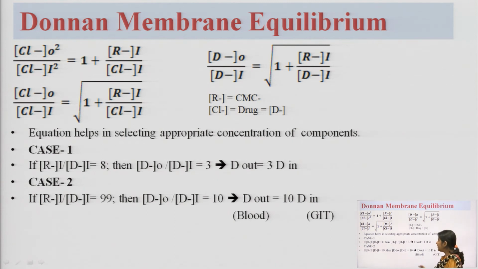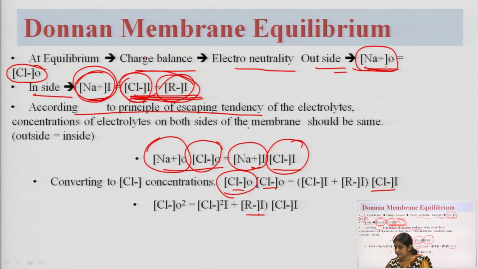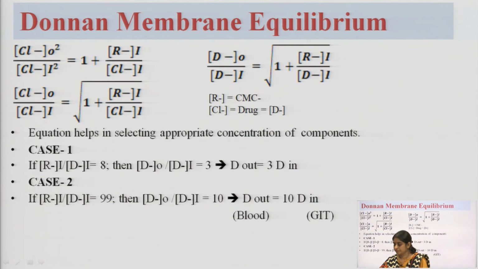Now, we can rearrange the equation. After rearranging, we get the concentration of chloride ion outside, squared, divided by the concentration of chloride inside, equal to 1 plus R minus, the concentration of anionic polyelectrolyte, divided by the concentration of chloride.